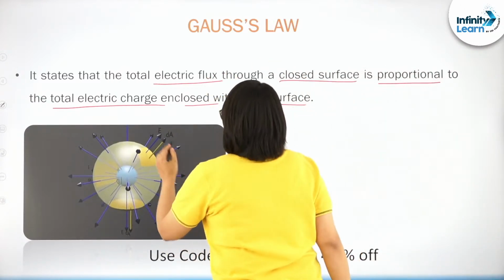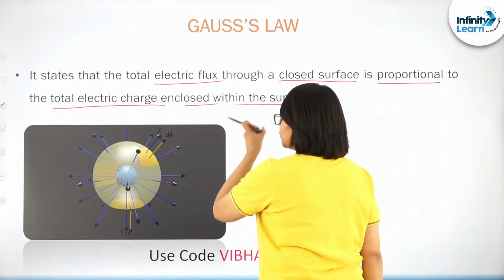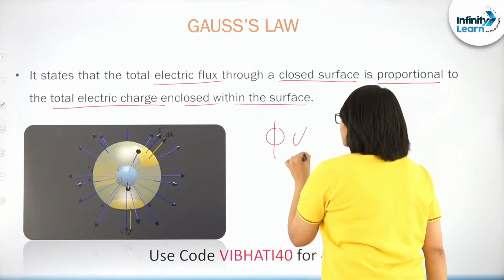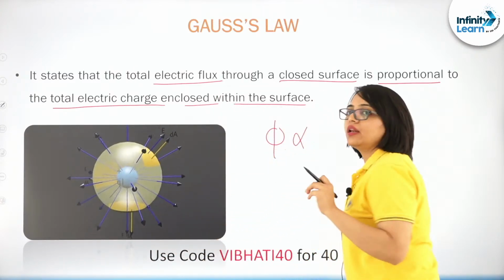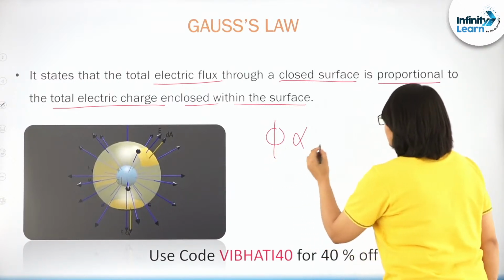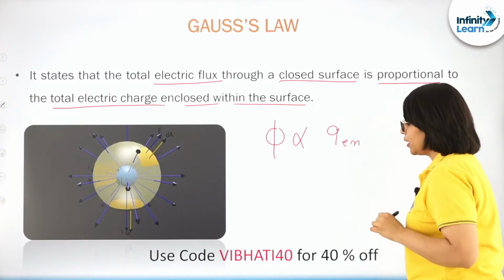According to Gauss's law, the total flux passing through this yellow surface will be directly proportional to the charge enclosed by the surface, or you can say that flux phi is directly proportional to charge enclosed, Q enclosed.